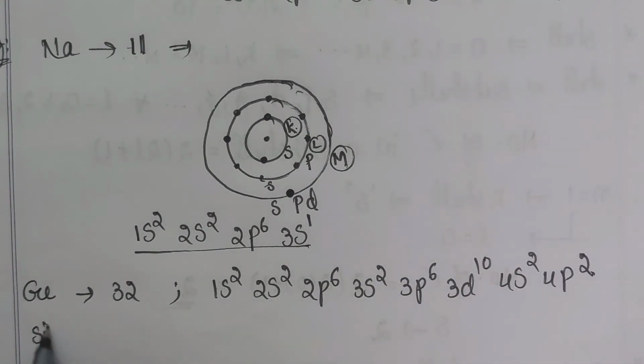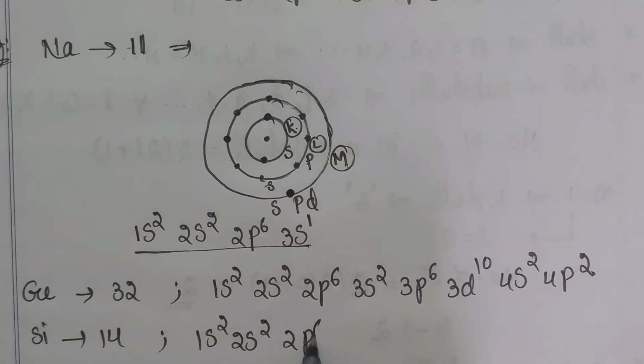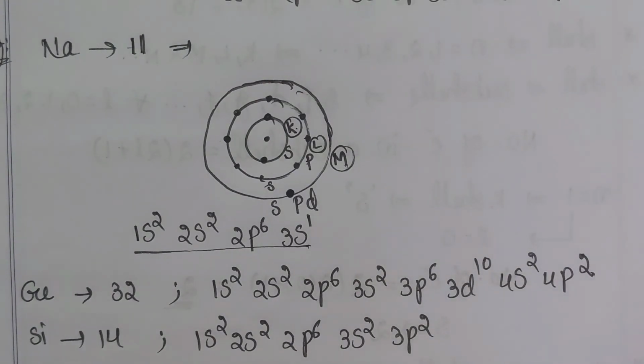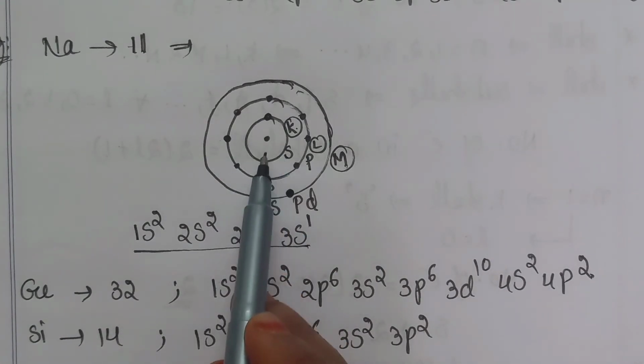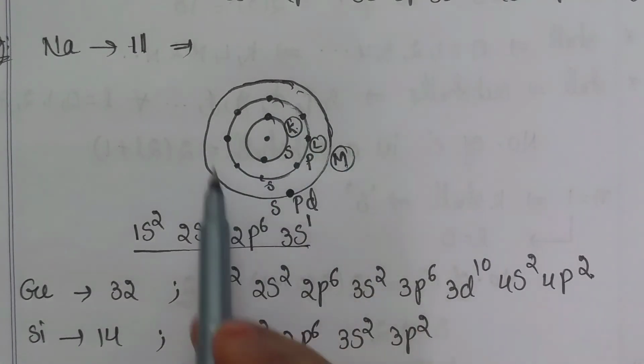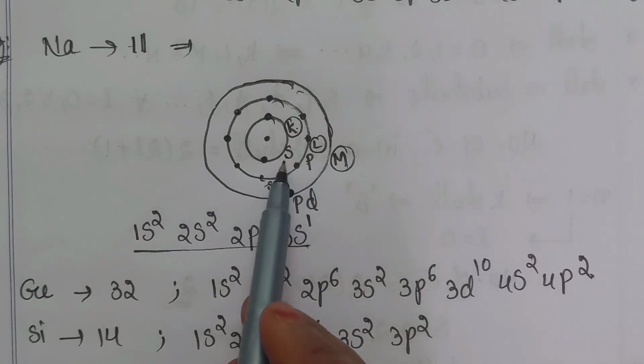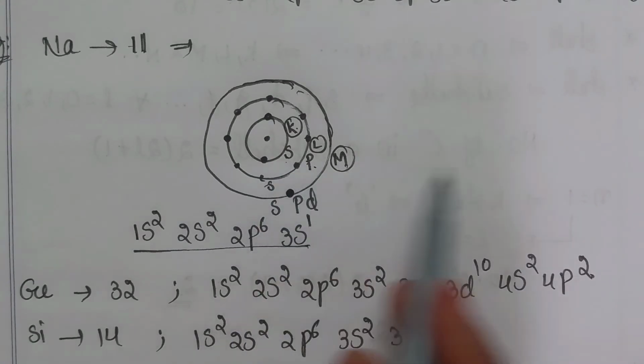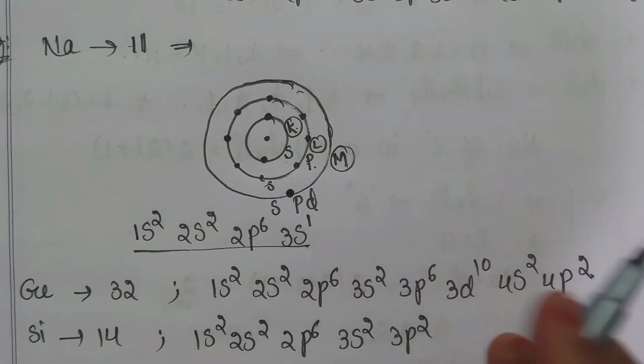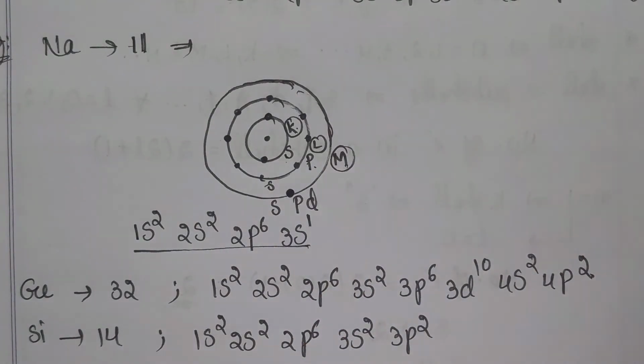And for silicon, whose atomic number is 14, it is 1s2 2s2 2p6 3s2 3p2. The electrons will occupy the lowest quantum state first. That means the first orbit has to be filled, then the second, and then the third. In that also, first the S subshell has to be filled, then the P, then D, and after that F. This is how we write the electronic configurations of atoms.